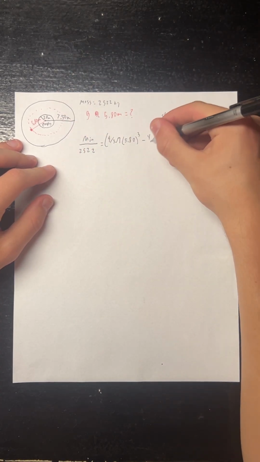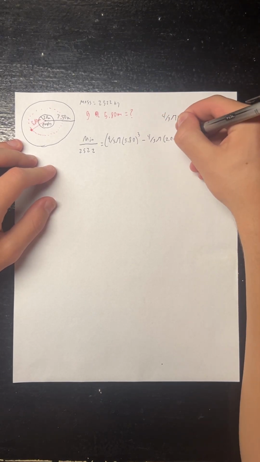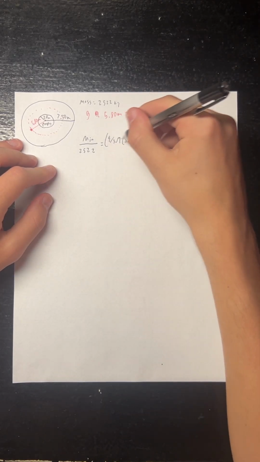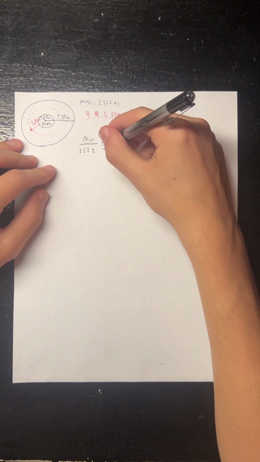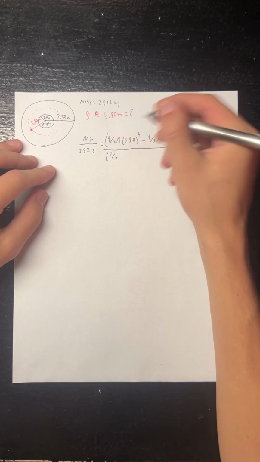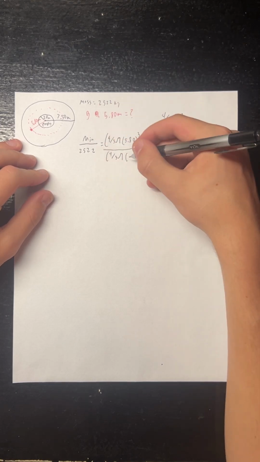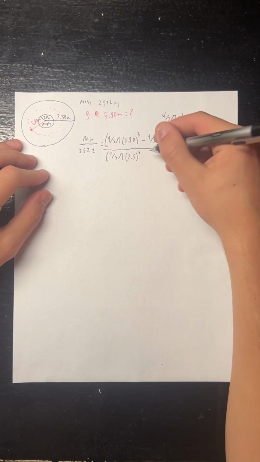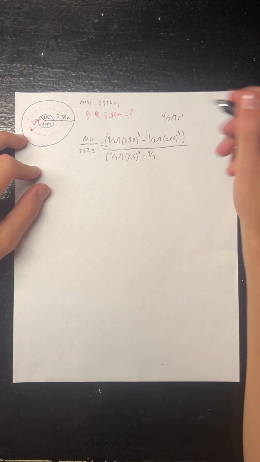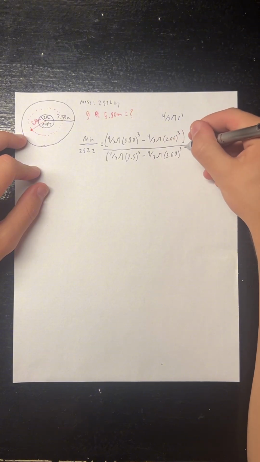So it's minus 4/3 pi, and the r is 2, cubed. That is our volume inside this Gaussian sphere, and that is all going to be over the total volume. So that's 4/3 pi, our r is 7.5, so 7.5 cubed. And then again, you have to subtract the empty space, minus 4/3 pi times 2.00 cubed.